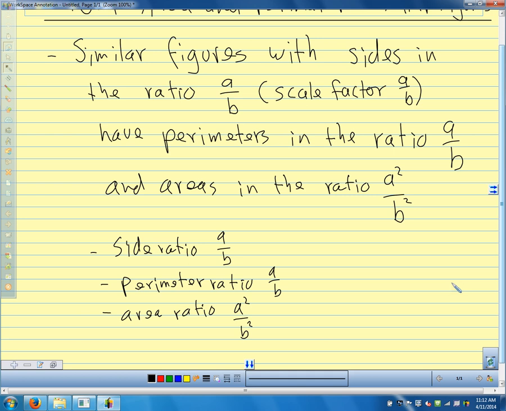You would write A over B there as well. And for area ratio, you would write A squared over B squared. So make sure you write out to the side, side ratio A over B, and inside the circle, under the heading for perimeter ratio, write A over B, and for area ratio, write A squared over B squared. That's our important piece from today's section.